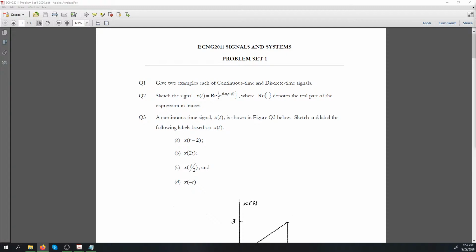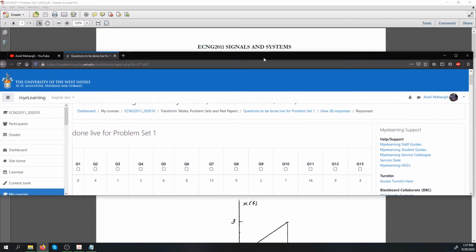Alright, if you guys can see this, these are the results of the people who answered. The highest requested question was question 11, followed by the second highest, question 7, and then we had a tie between question 8 and question 12. Because we have enough time, I will do question 11 first, then question 7, and then I'll do question 8 and question 12.